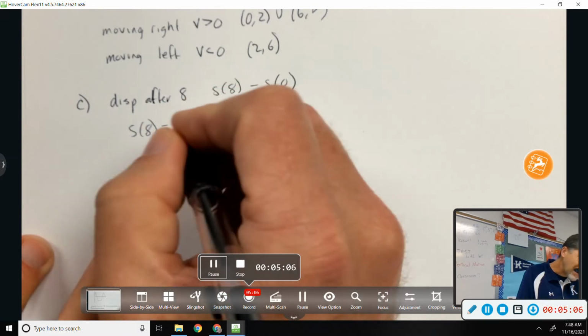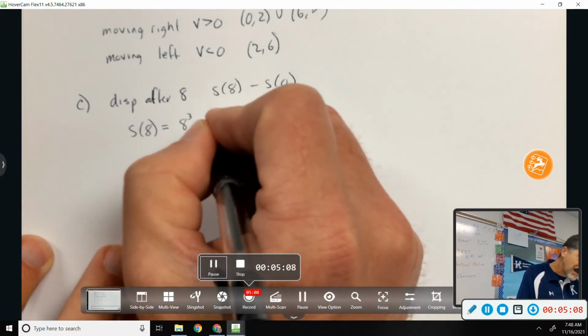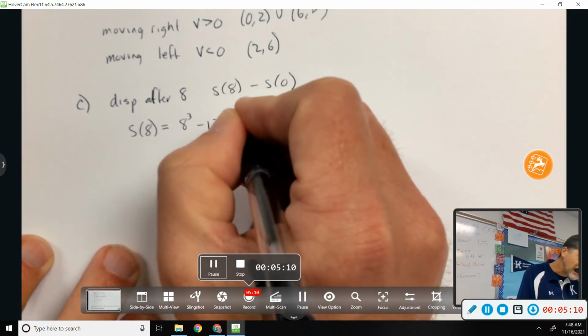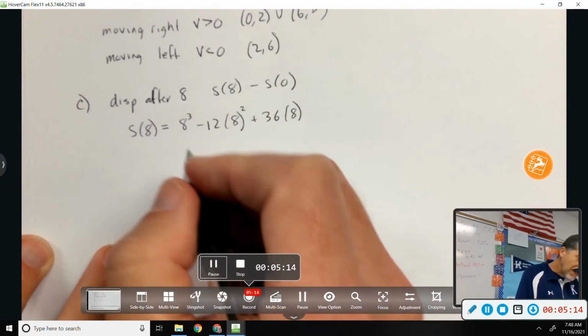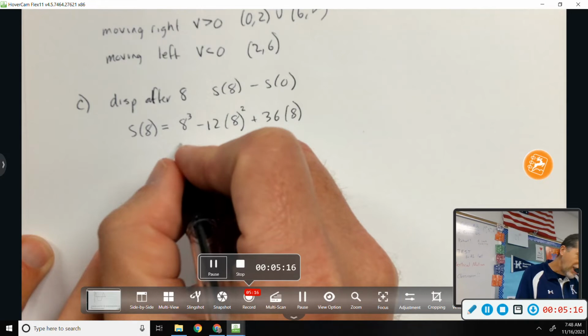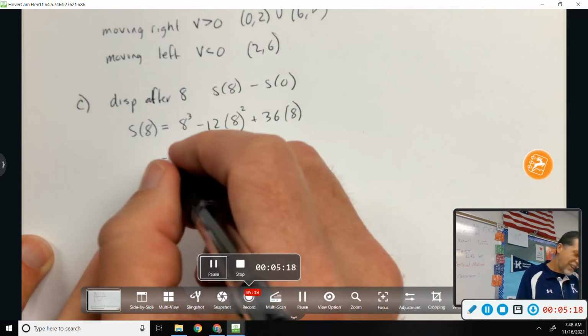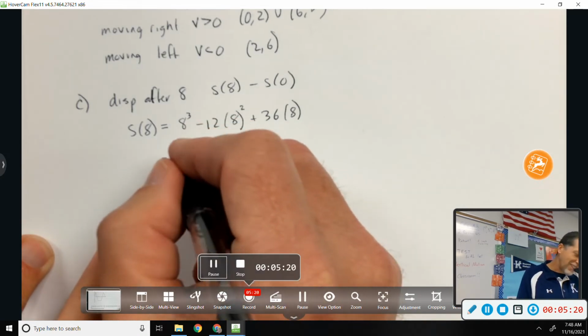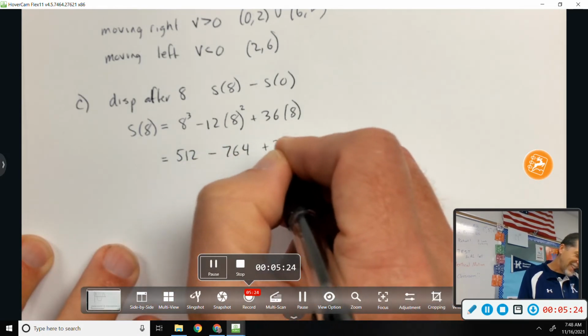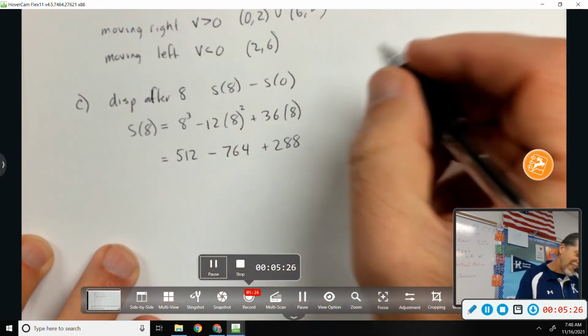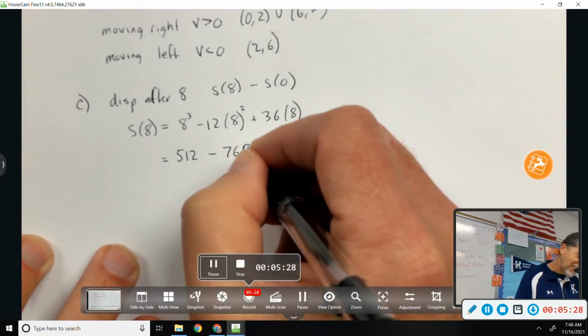But S of 8, 8 cubed, that's terrible. Who assigned this worksheet? 8 cubed is 512? Or you want me to prove it to myself? 768 plus 288. Look at you. No, it's 768. Oh, thank you.